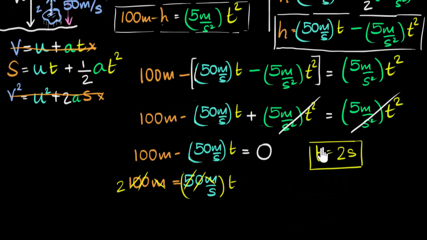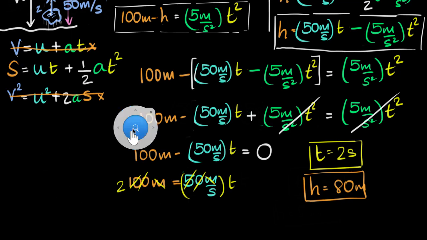Now, before we go back up there, let's calculate what h is. How do we do this? Well, now that we know what t is, we can substitute in any of these two equations, and I'm pretty sure you can do that. You just substitute t as 2 in any of these equations, and you can calculate h. And if you do that, which I leave it to you to save time, you will end up with h equal to 80 meters.